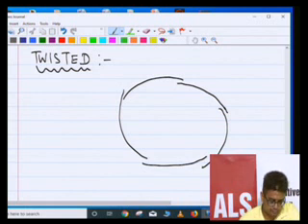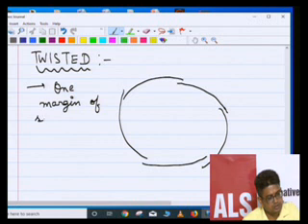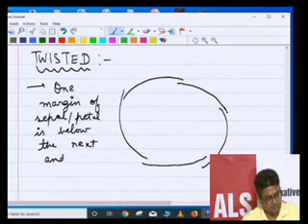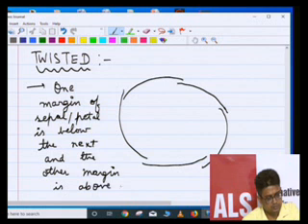Twisted estivation is this. You can say one margin of sepal or petal is below the next, and the other margin is above the next.